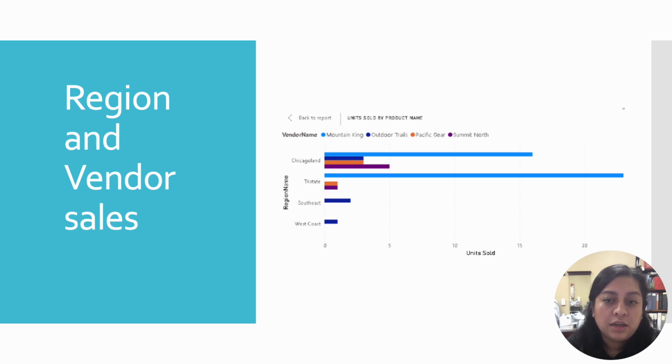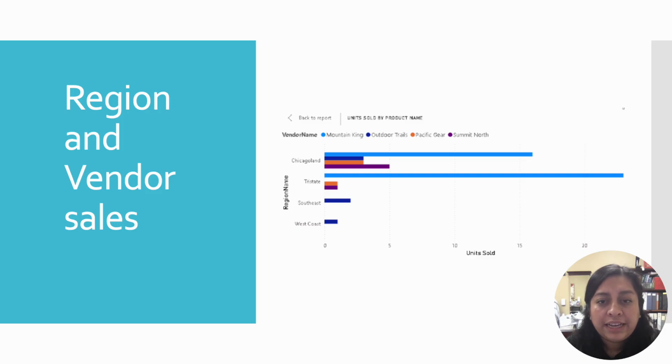So let's say, for example, in the West Coast, you are not going to sell too many of the thermal pants in a coastal region like the West Coast.